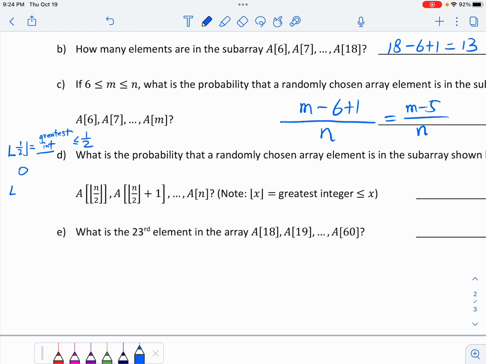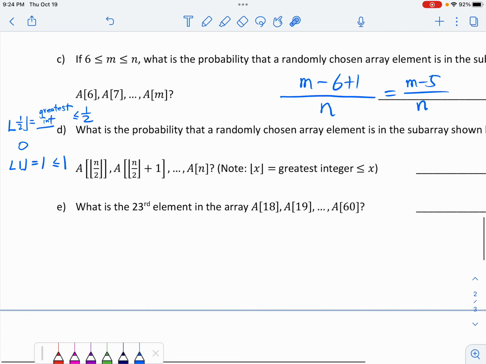Now if you say the greatest integer function of 1, that means 1 is the greatest integer less than or equal to 1. So when this is an integer, it actually will be itself. Otherwise, you're going to find the integer that's less than or equal to this number. So that's what this function is. Now maybe let's do one more example.